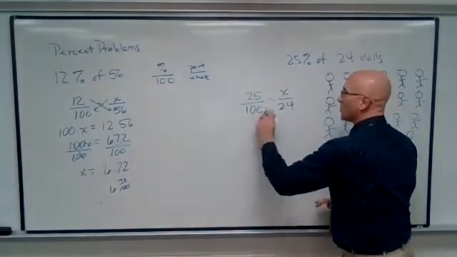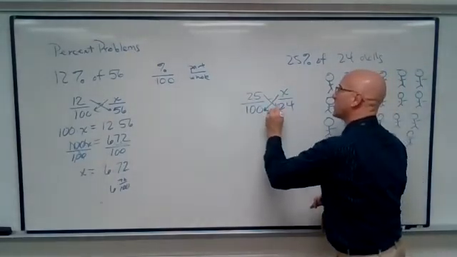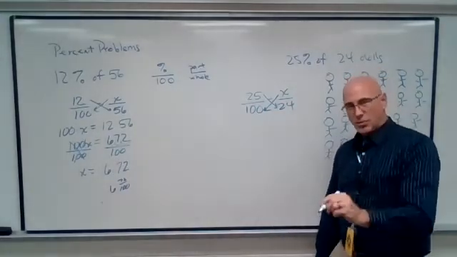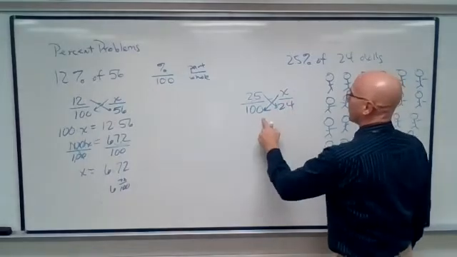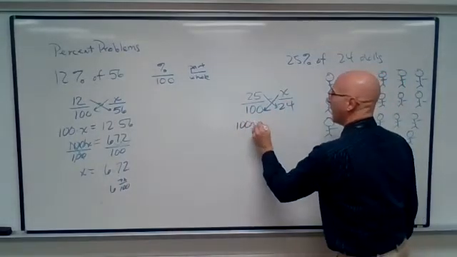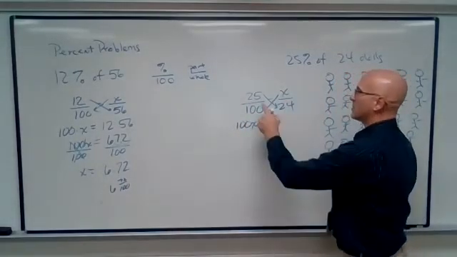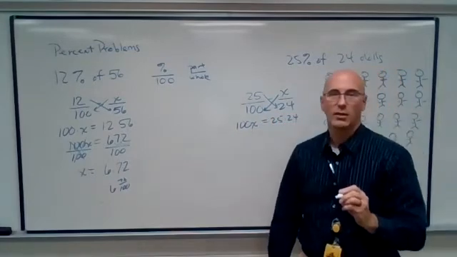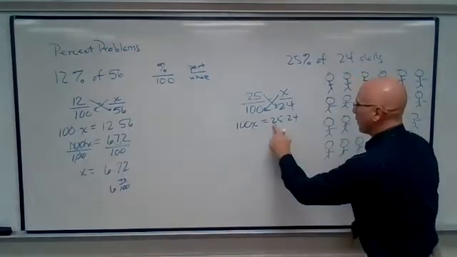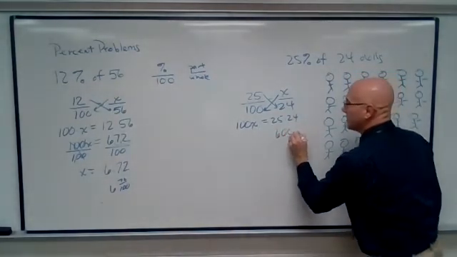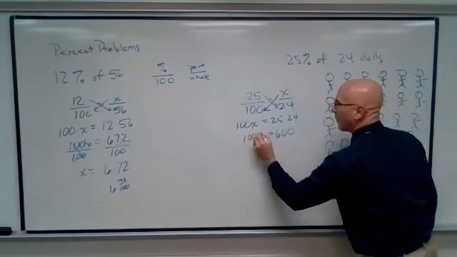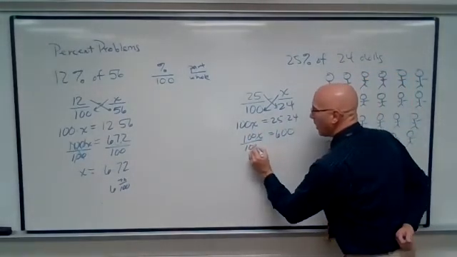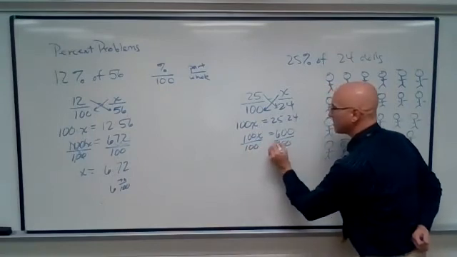So now I am going to cross multiply. First thing is drawing in those arrows. Super, super important. So here I have 100x equals, and then 25 times 24. So 25 times 24 is 600. I will keep the 100x. Now I am going to divide by 100 to solve this.